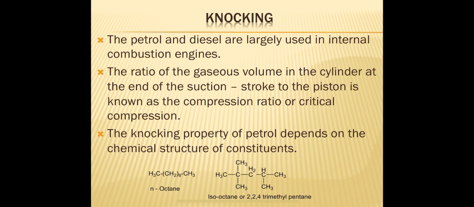The compression ratio at which knocking results depends upon the nature of the fuel. It is therefore important to determine the so-called anti-knock value of a fuel. The anti-knock value of petrol is expressed in terms of octane rating or octane number, while cetane rating or cetane number is used to rate diesel fuel.